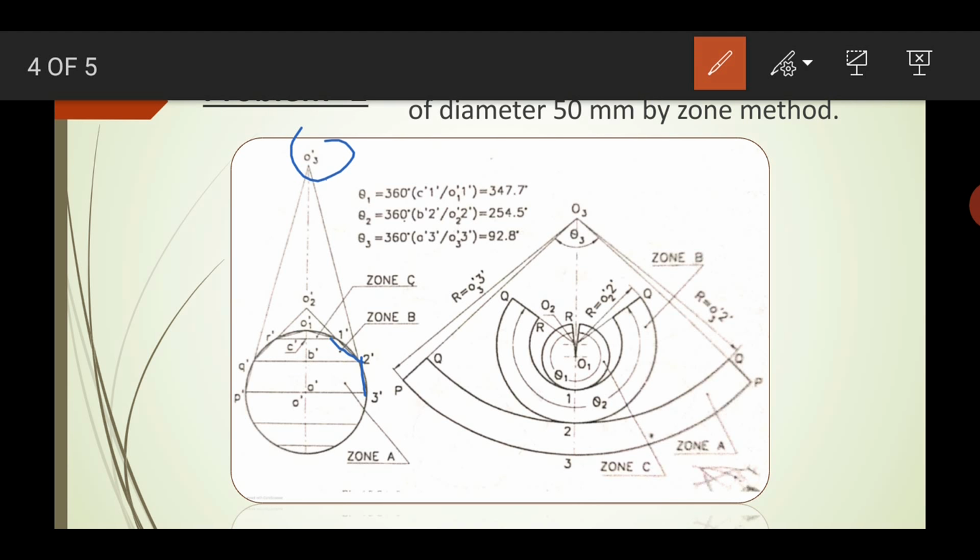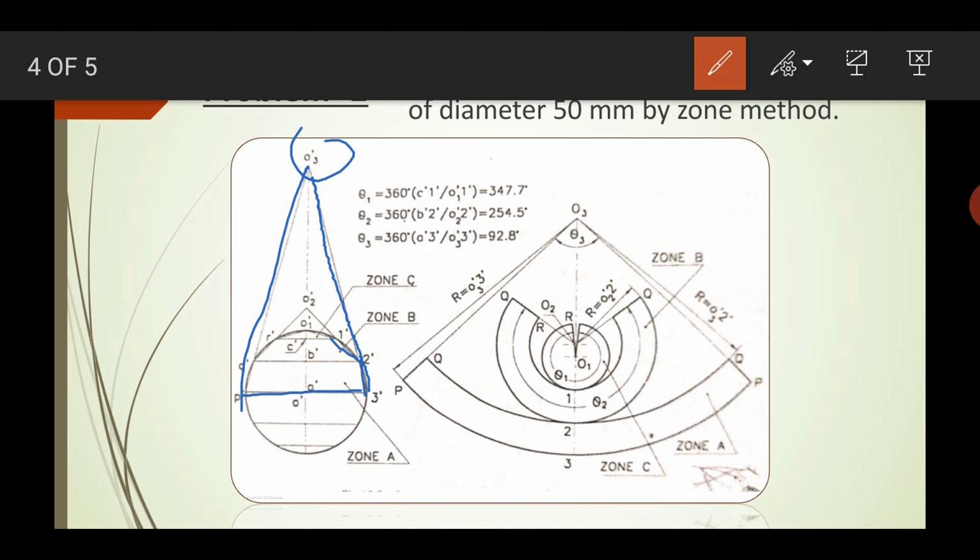With the intersection point O3 dash as the apex, zone A is developed as a frustum of the cone with apex O3 dash, and similarly locate the apex of O2. So you have to mark this central axis and 3 dash, and make a cone with O3 dash as the top apex.